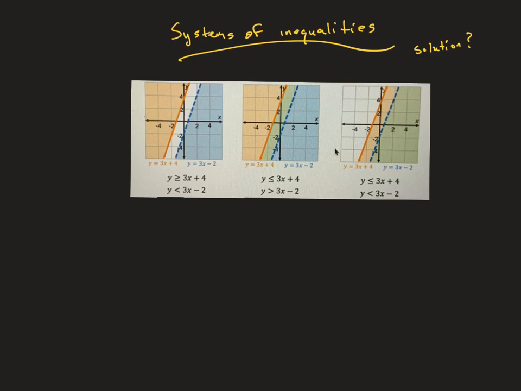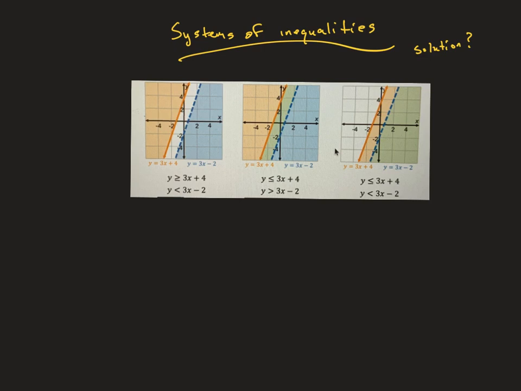In order to find the solution to an inequality, you have to graph them because you have to be able to see the shading, because that is the solution of an inequality. And then the solution is going to be where those inequalities overlap.